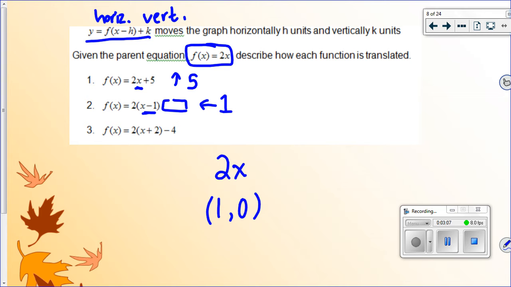All right? Now that's a positive 1, right? So if I'm going to write that equation in point slope form, I'm going to say y plus, now y sub 1 is 0, so I'm just going to ignore that.